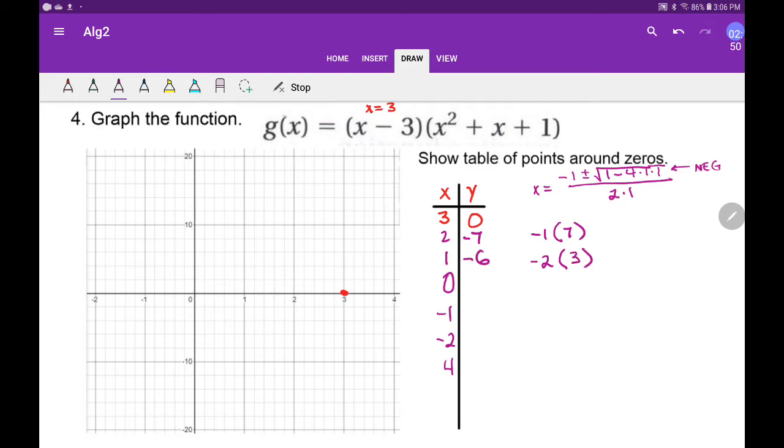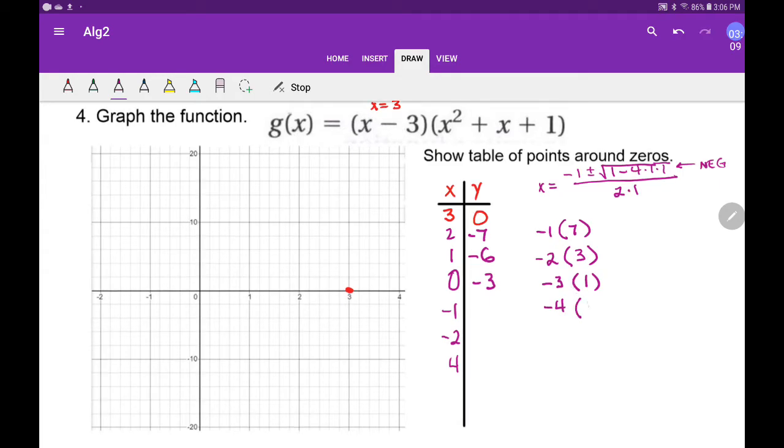Okay, not earth-shattering. I'm not changing a lot here. When I put in 0, I get negative 3 times 1, which is negative 3. When I put in negative 1, I get negative 4. You see I'm putting in this first here. I get negative 4, and then I square, and I get 1 minus 1 plus 1.